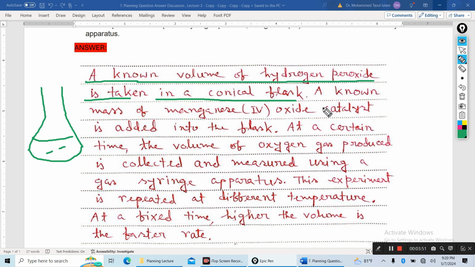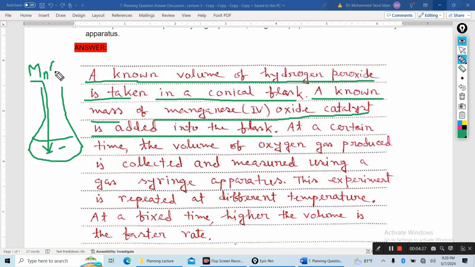Then a known mass of manganese peroxide catalyst is added into the conical flask. At first you will take a known volume of hydrogen peroxide into a conical flask. Then a known mass of manganese peroxide catalyst is added into the flask.